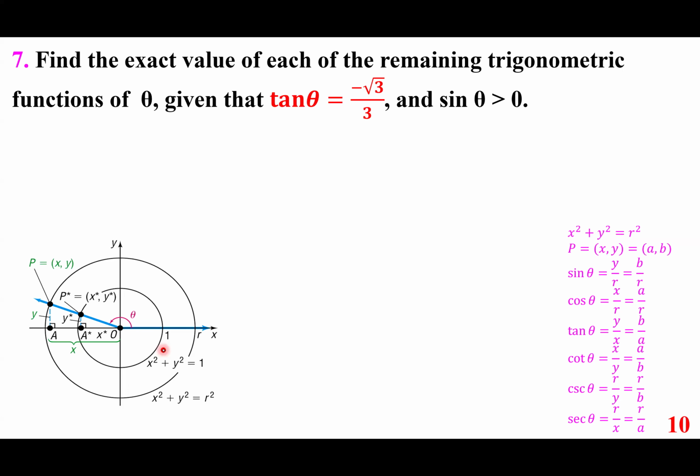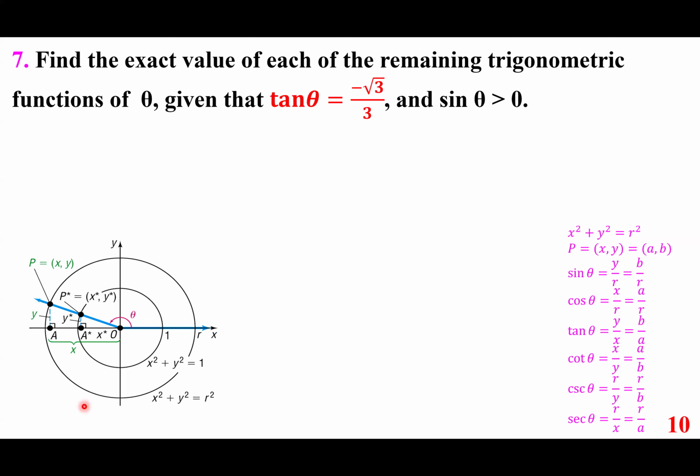So if we go with r squared, any point P which has coordinates x comma y or a comma b, sine is y over r. Otherwise, in the case of a unit circle, it's y over 1, which becomes y. In the case of a radius that could be anything, it's y over r or b over r.